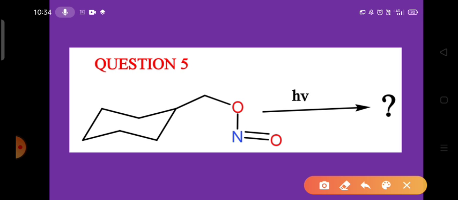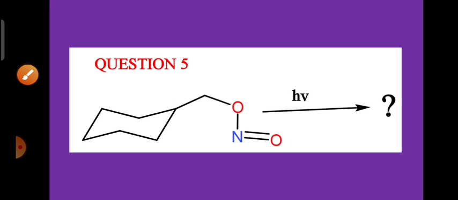So we have to identify the positions. First of all, alpha, beta, alpha, beta. Sorry, I have written a wrong question here. Actually, I have drawn one more bond here.